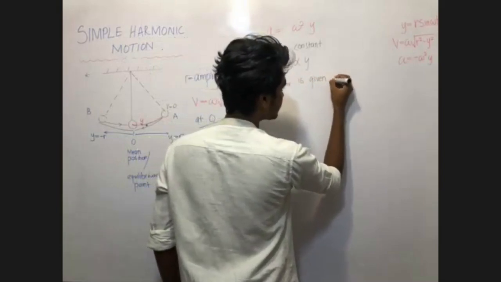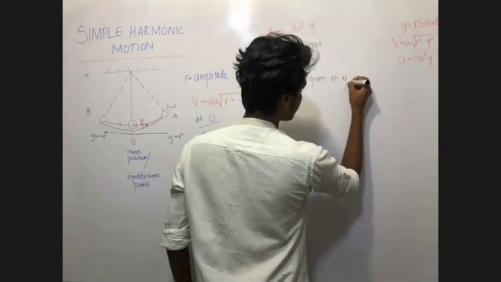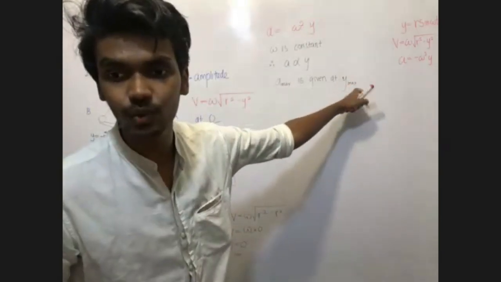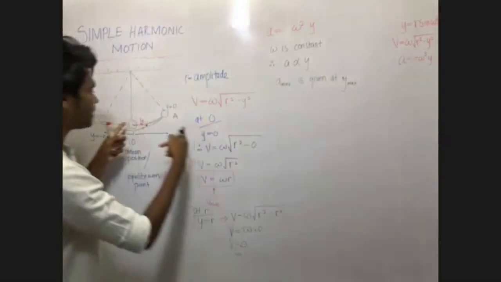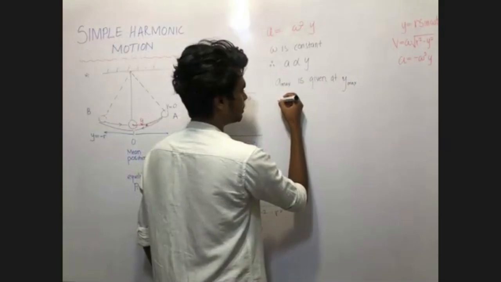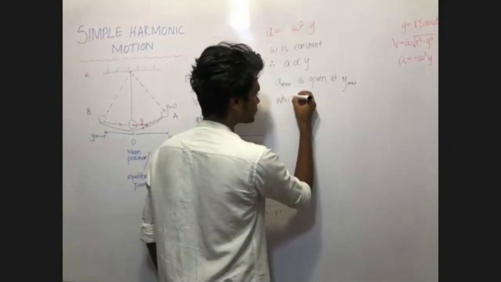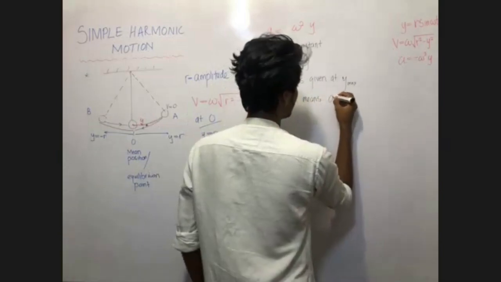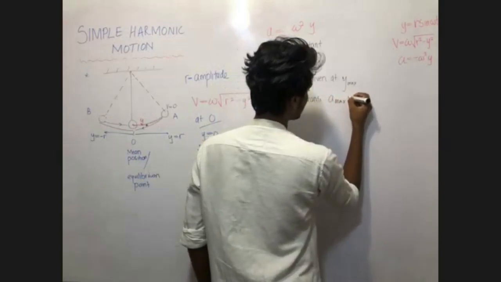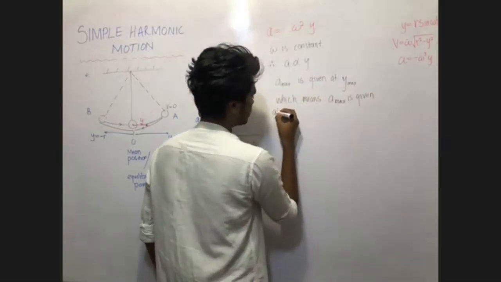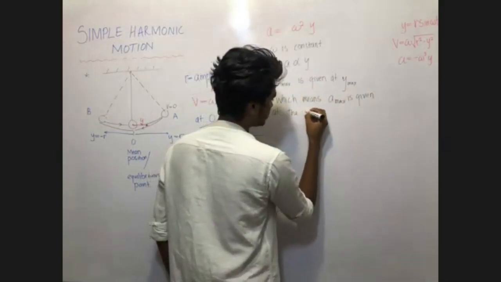A max is given at y max. What is the y max? Y max is r, which means A max is given at the amplitude.